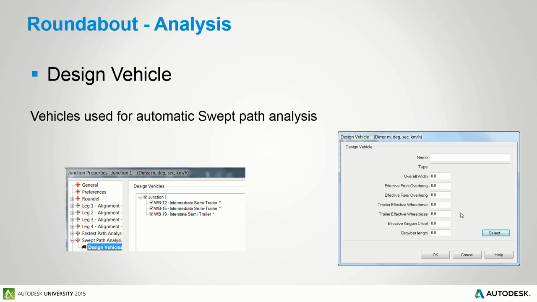You also have the possibility to specify design vehicles. Design vehicles are used while the roundabout is created for checking if these vehicles can pass through this roundabout. You can again modify your style, and you can add new vehicles based on the libraries of the path analysis.